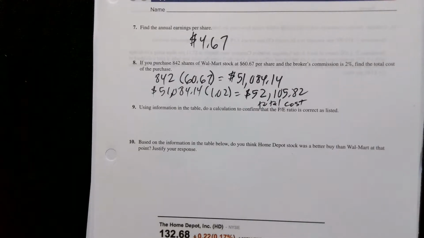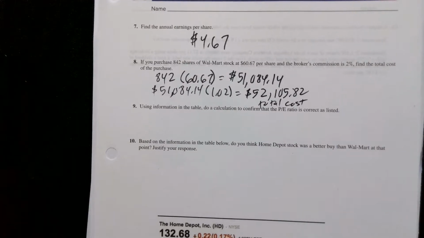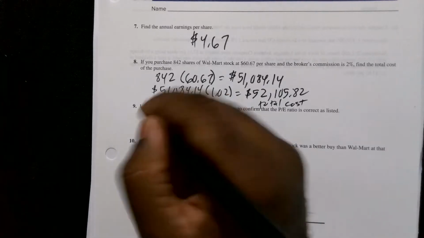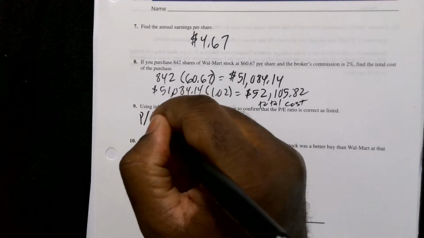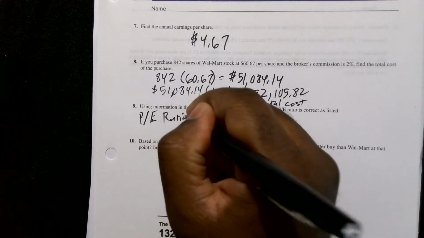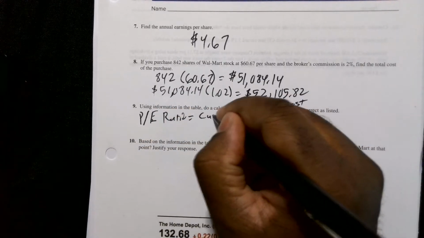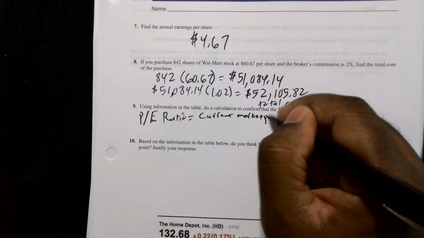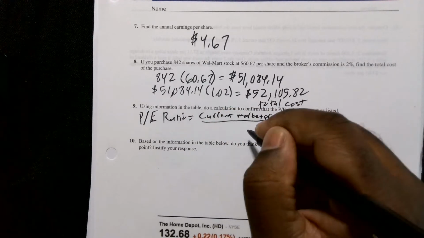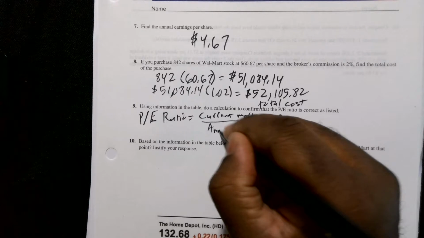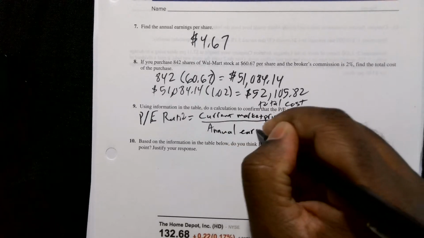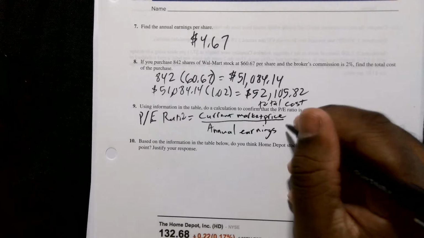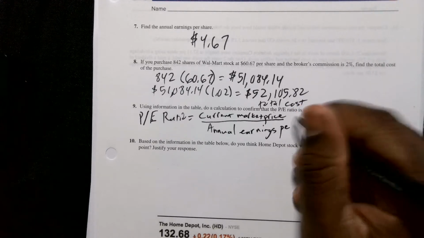Now number 9, it says use the information in the table. Do a calculation to confirm that the price over earnings ratio is correct as listed. So we have price over earnings ratio. And we know that is the current market price all over the annual earnings per share, I'm sorry.